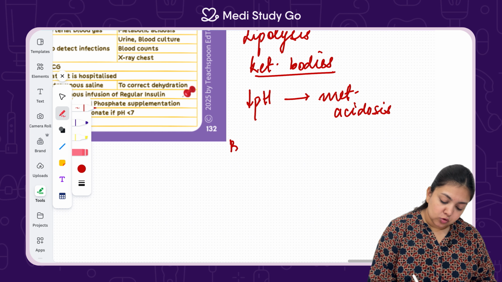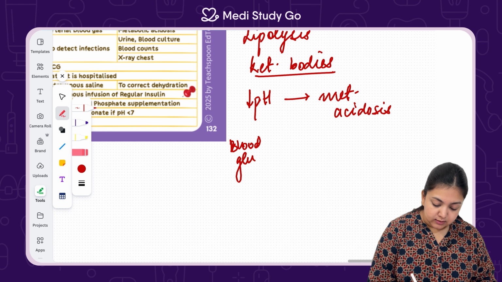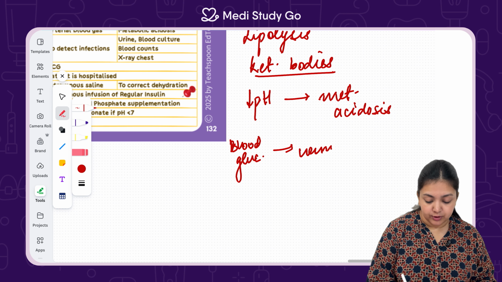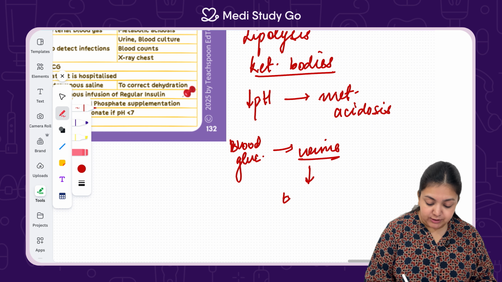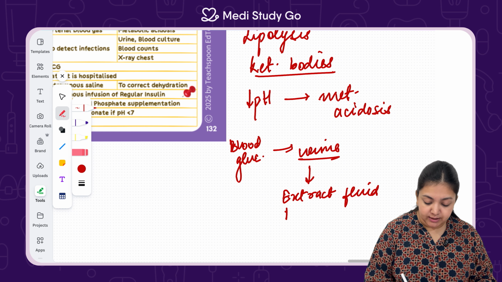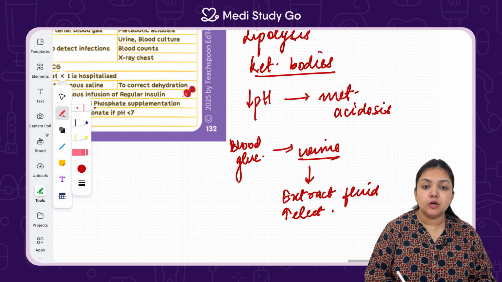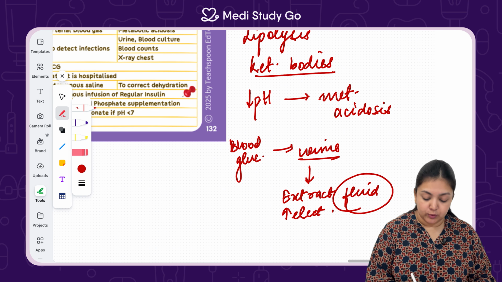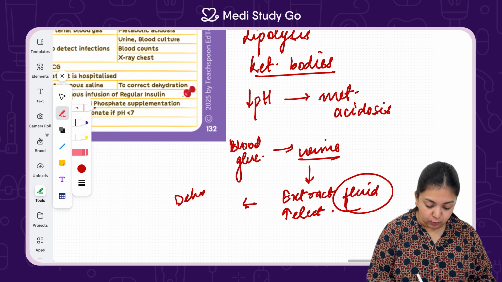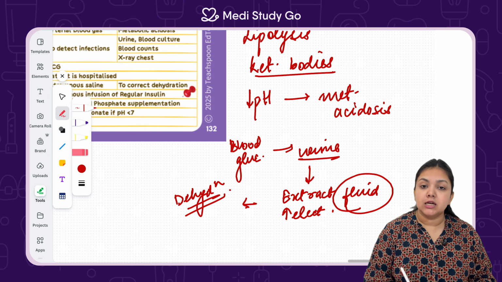Now, when the blood glucose is high, this glucose is also going to enter the urine. So the urine is going to extract more fluid so as to compensate for the increased amount of electrolyte in the urine. This extraction of fluid is going to lead to dehydration in the body and the patient is going to feel thirsty.